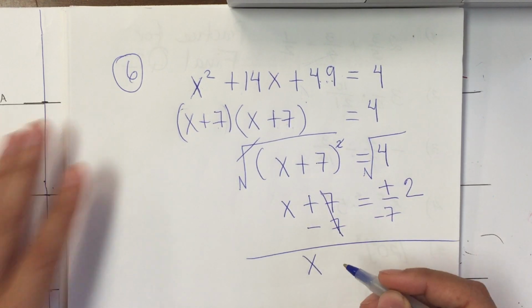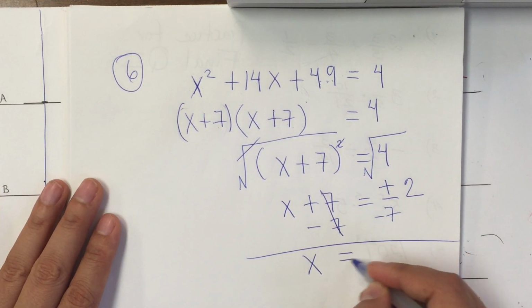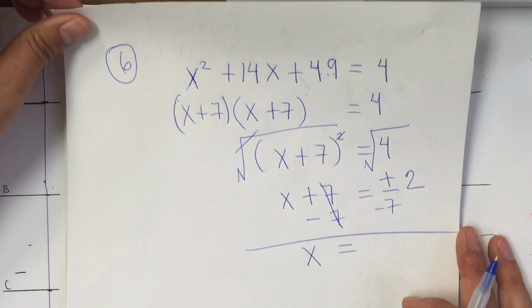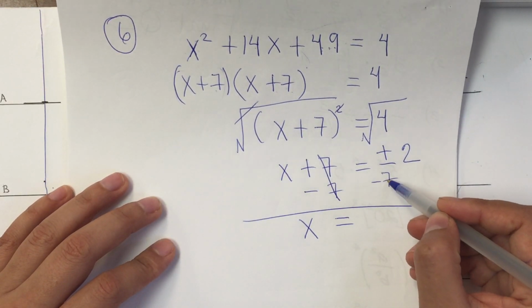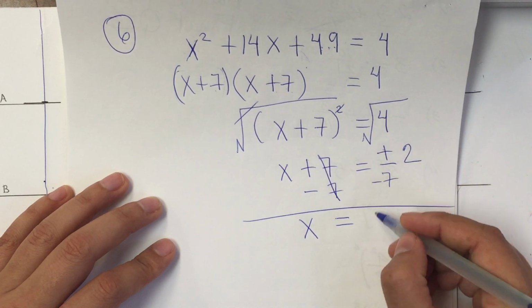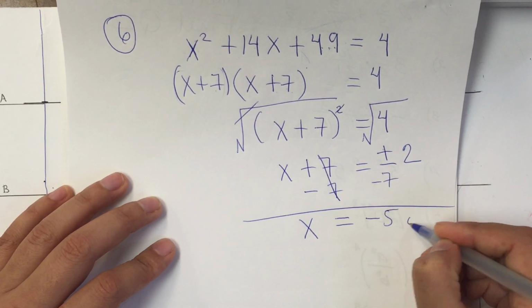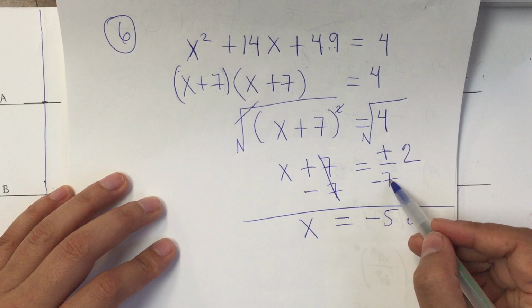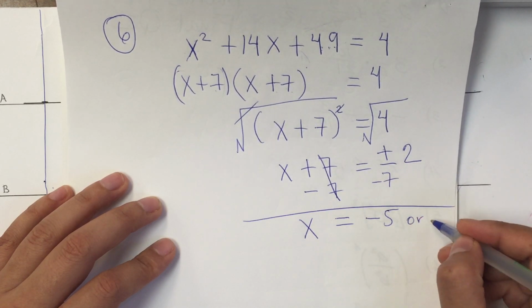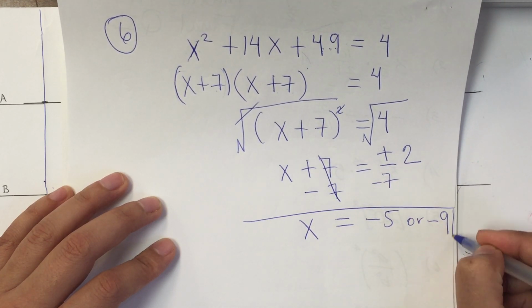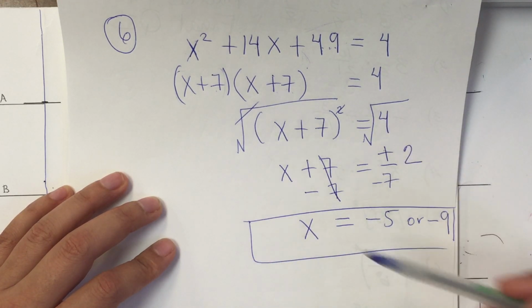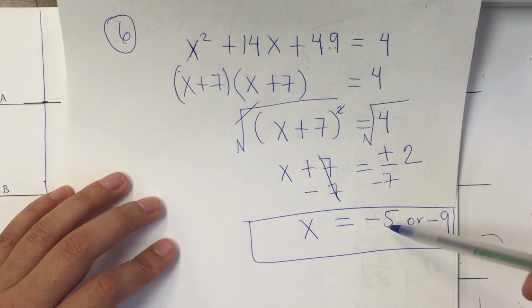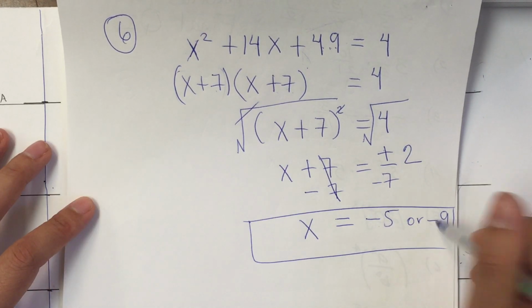This cancels. And this is the instance when you get two different answers. Because negative 7 plus 2 is negative 5, or negative 7 minus 2, that's negative 9. So these are the two places where my parabola will intersect the x-axis.